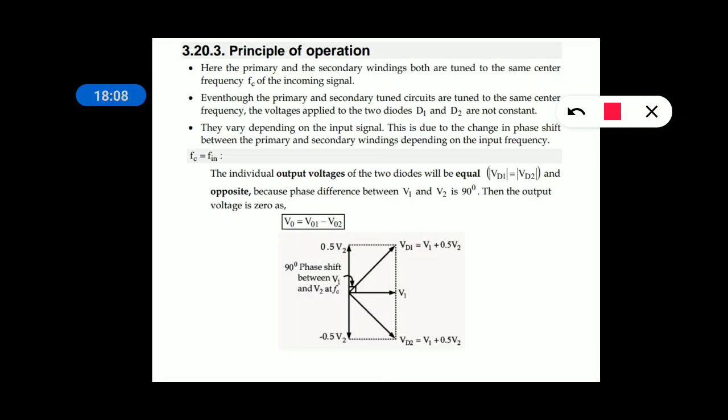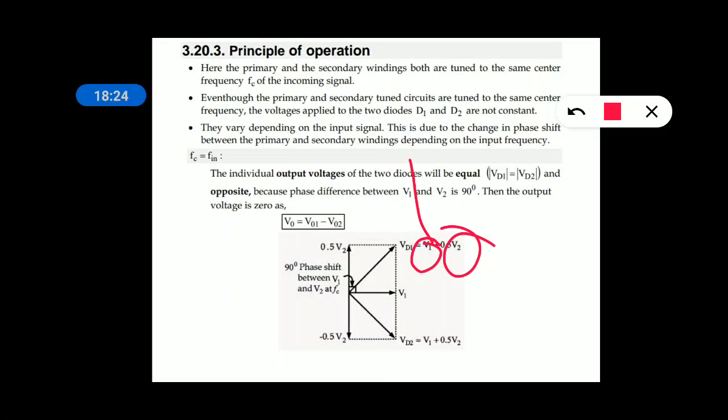So there are two voltages, one is V1, the other is 0.5 V2. V1 is because of your RFC, radio frequency choke, via CP, and 0.5 V2 is because of mutual induction in the center tapped upper half winding.